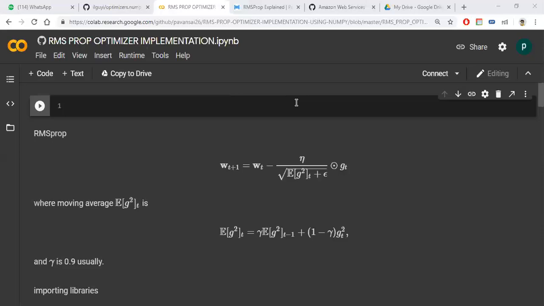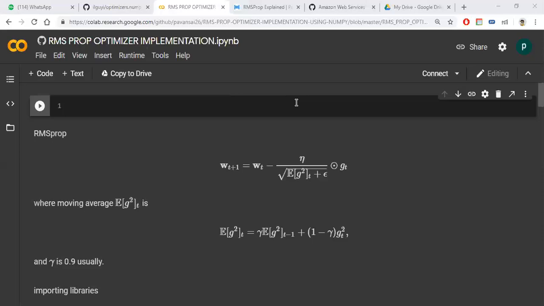What is the use of adjusting the weight update by its magnitude? Because of this, we can balance the step size.